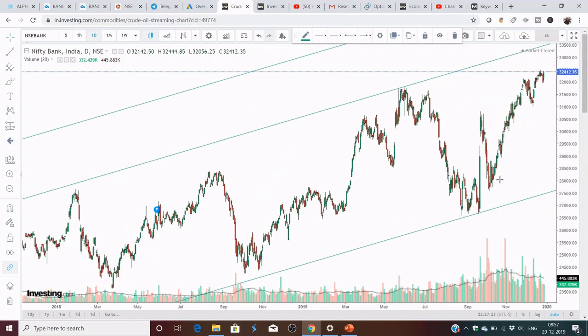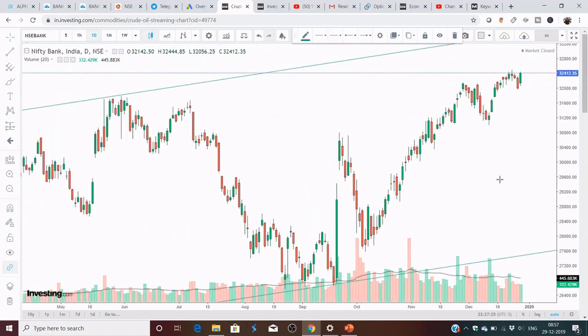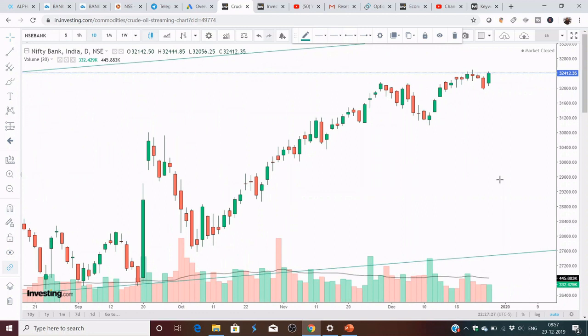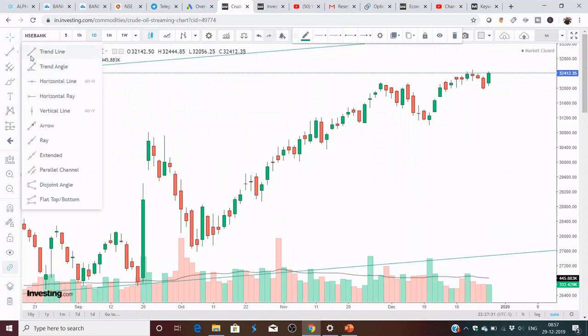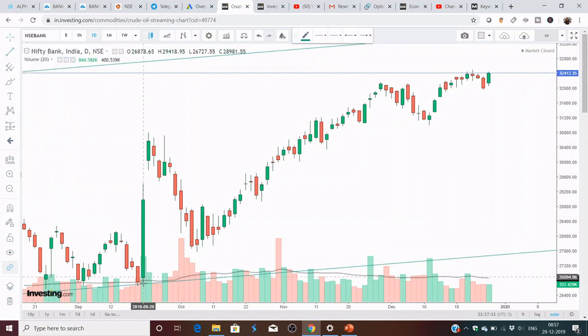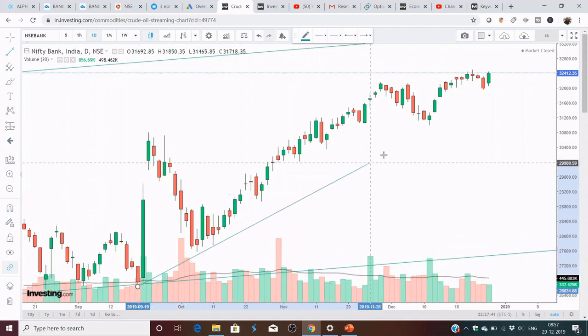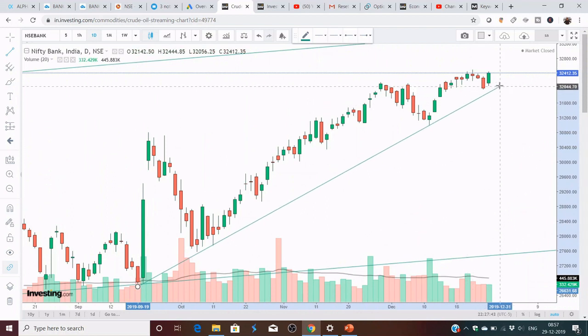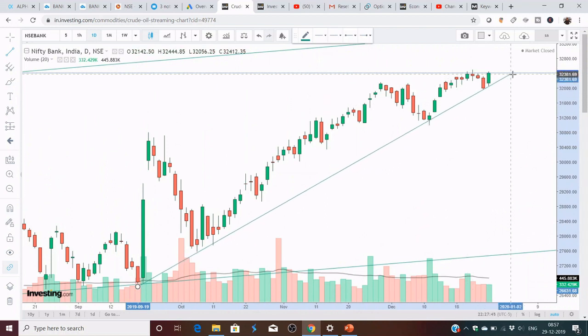On a daily time frame also, the channel has been respected, but we will draw another trend line here to understand how we can make use of this. As these two bottoms are flat, I would prefer to take it from here and see how many touches I will get.